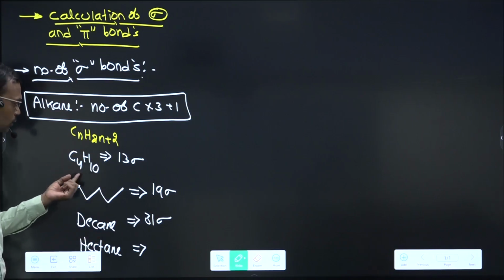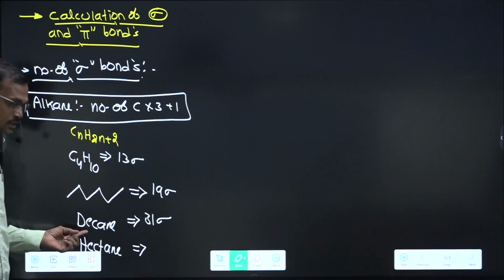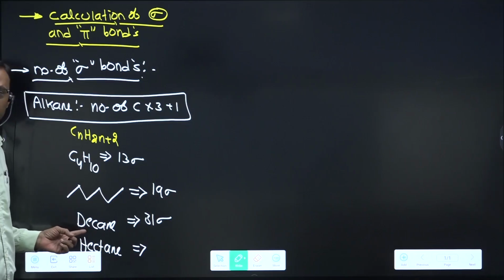If an alkane carries 20 carbons, see, if 10 carbons are there, what is that? Dec. Then undec 11, dodec 12, tridec 13.